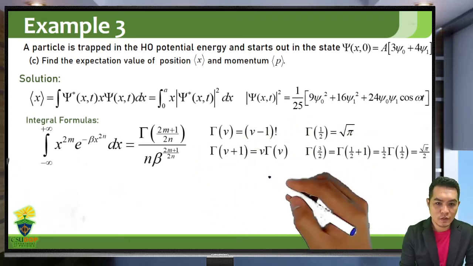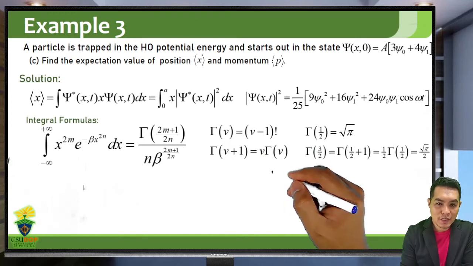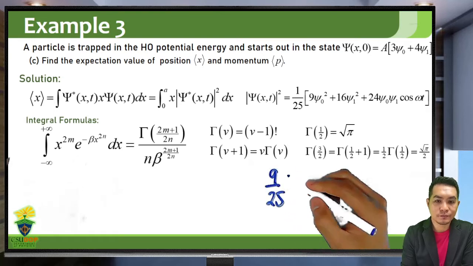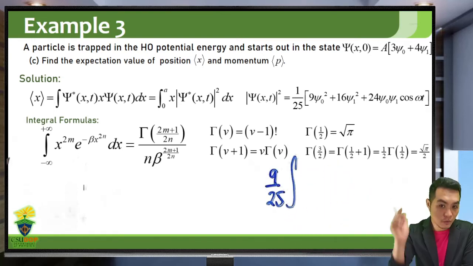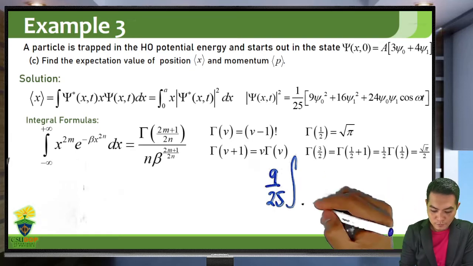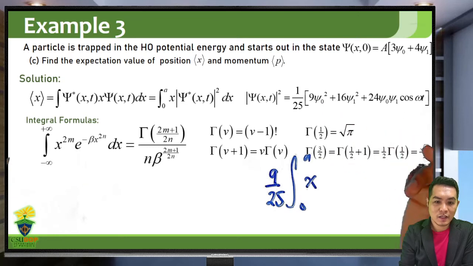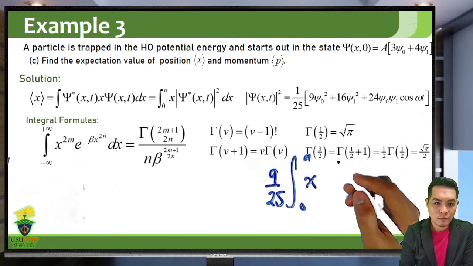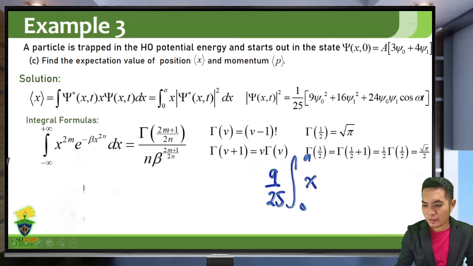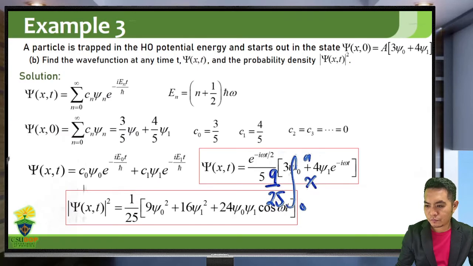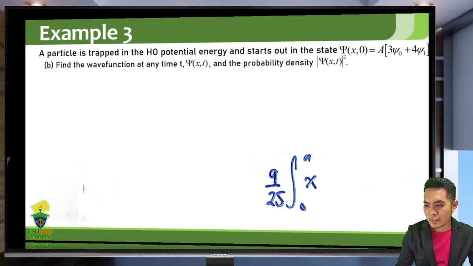For the first integral, there will be a factor of 9 over 25, integral from 0 to a of x and then psi naught squared. So if we go back to our ground state, sorry, where is our ground state?